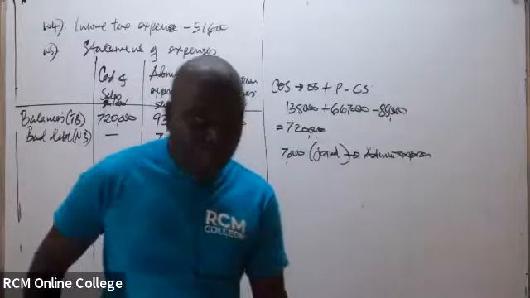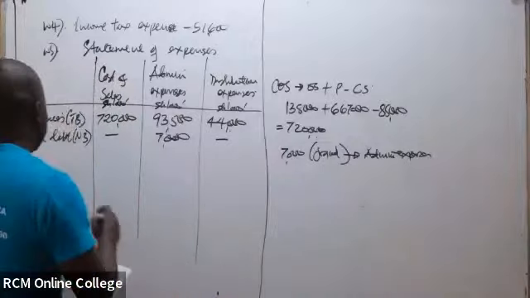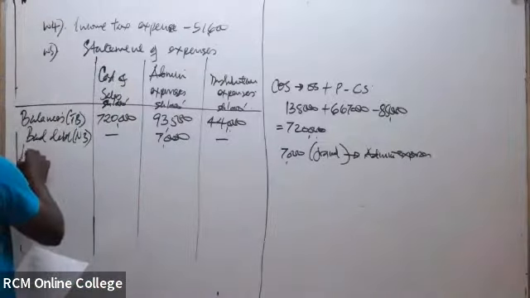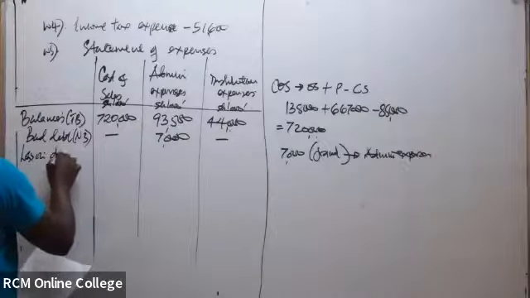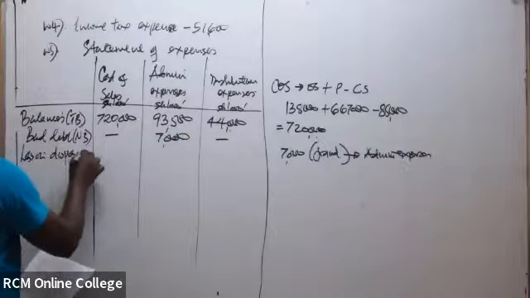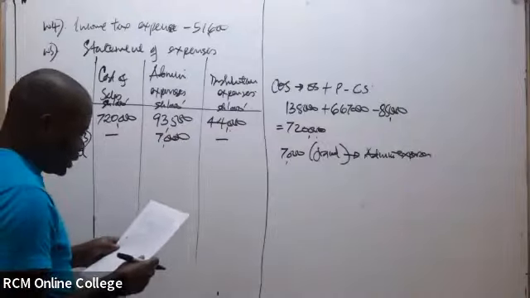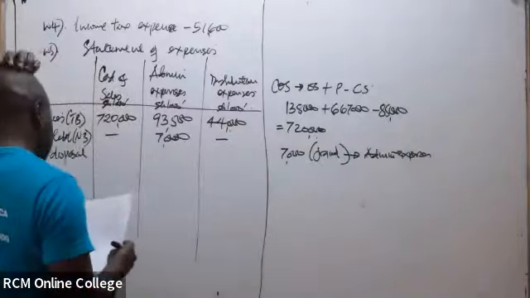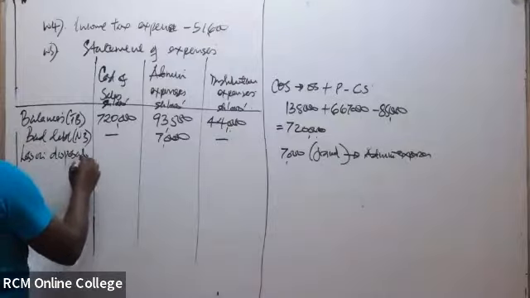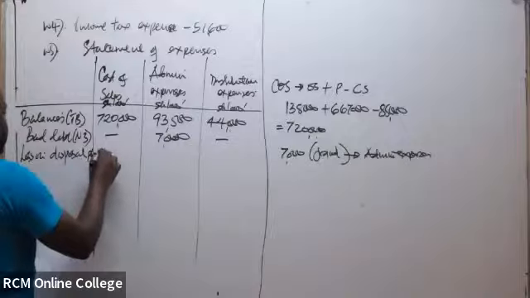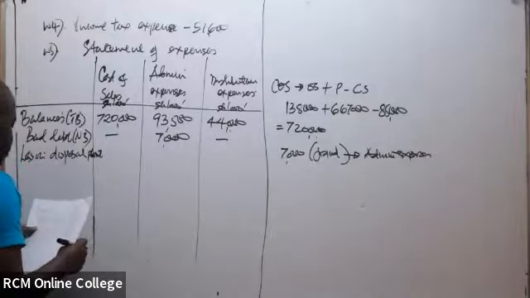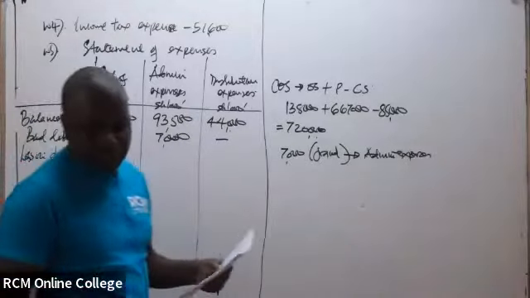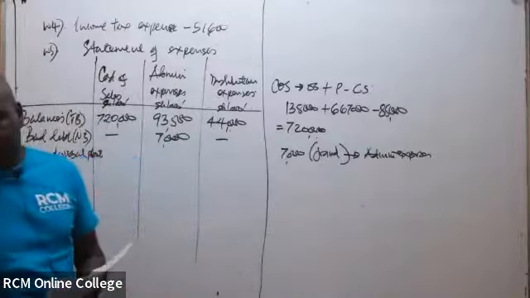Then there was a loss on disposal. Remember the loss on disposal, where I indicated that it will go to the cost of sales. Loss on disposal of plant, it was an amount of 38.50.